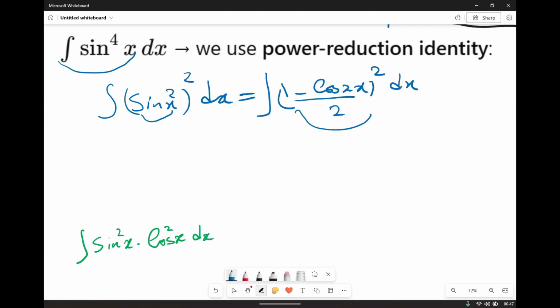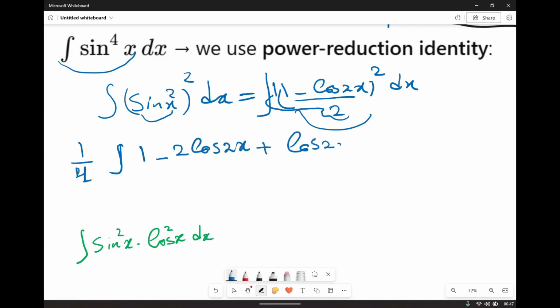Yes, I open this parenthesis by the squared identity, which is 1 at the last. I put 1 over 2 outside the integration, so it is 1 over 4 times 1 minus 2 cosine 2x plus cosine 2x power 2, dx.